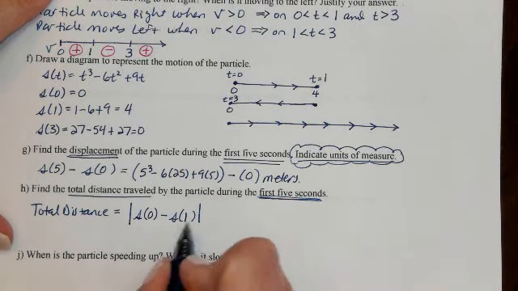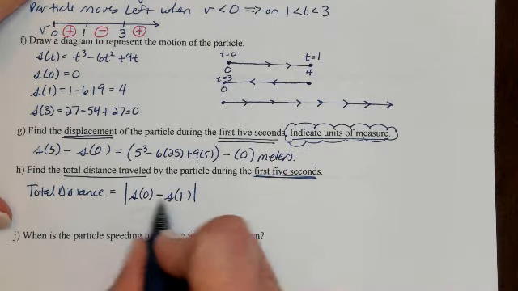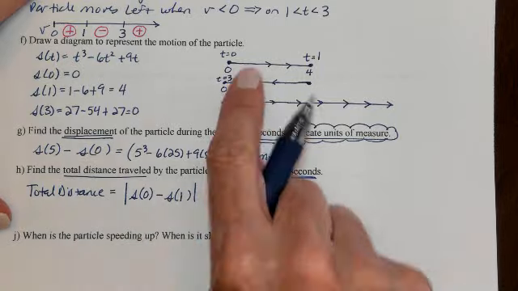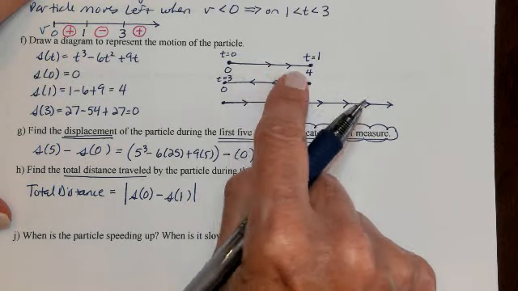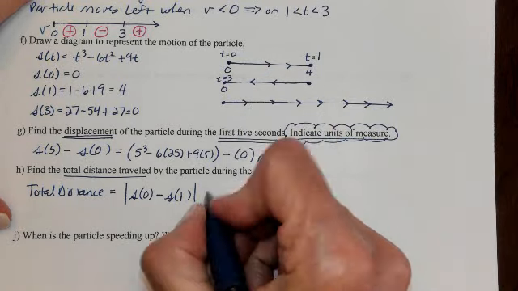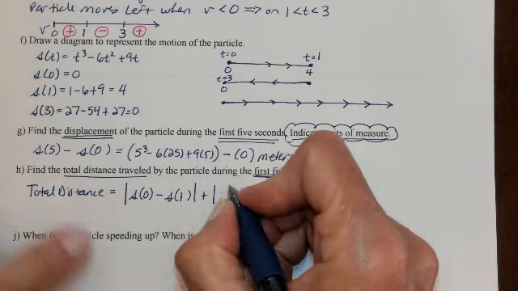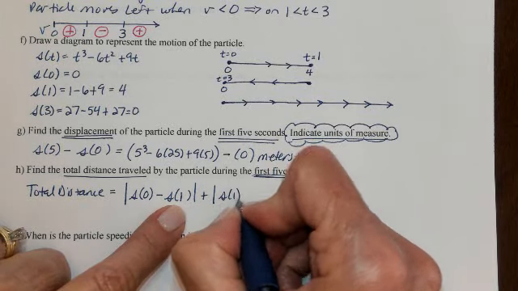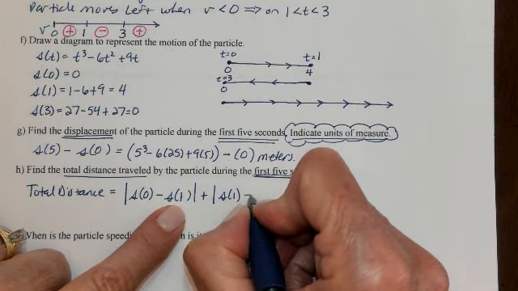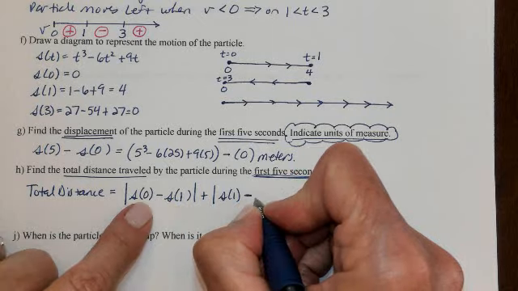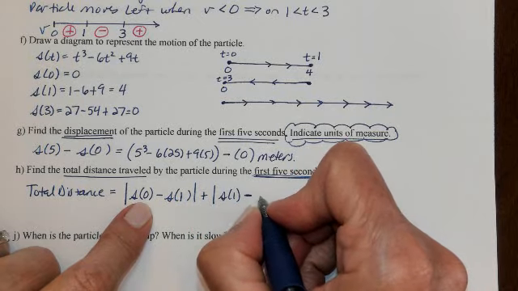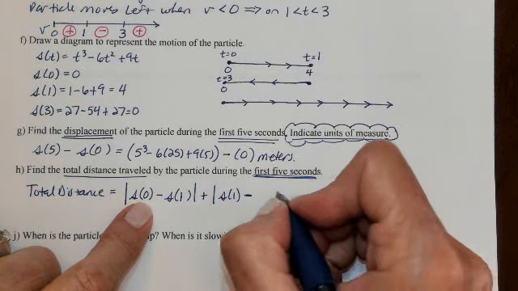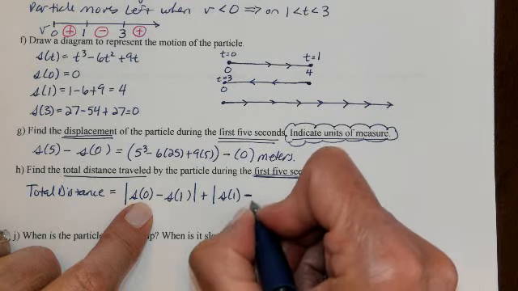That will give you your distance between those two spots. That will give you this 4 right here. Then add, now start at time 1 and go to the next time that your direction changed, and that was at time 3.